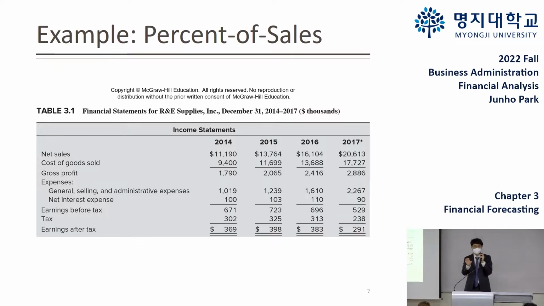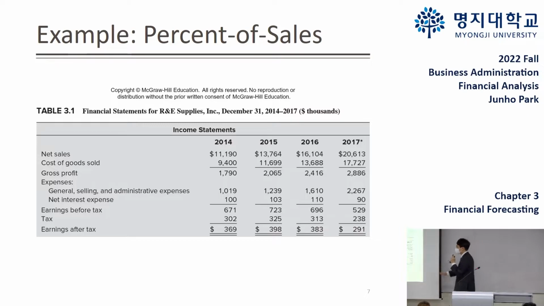So estimation is different from prediction or forecasting. Estimation is about this year, where we can make a proper guess, but forecasting is about the year after that. For example, we are going to forecast the year 2018. So that's the difference between estimate and forecasting.